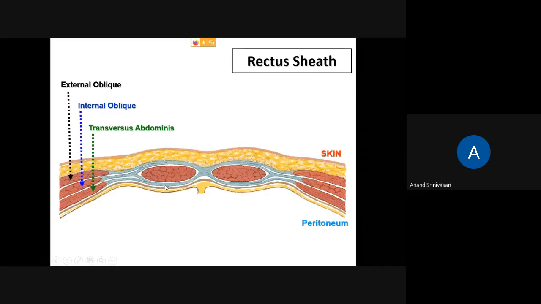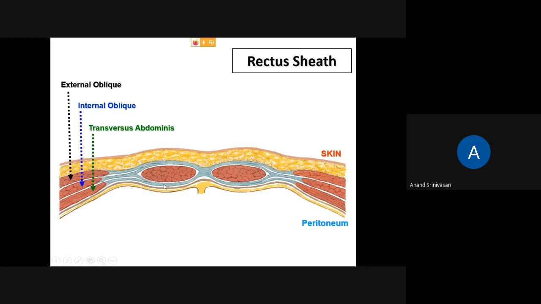Now you know that the rectus sheath is nothing but the formation of the aponeurosis, the union of these aponeuroses. So the anterior rectus sheath, above the umbilicus, is formed by the external oblique aponeurosis and the anterior part of the internal oblique aponeurosis.